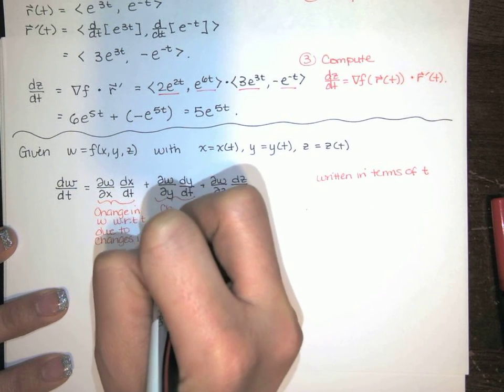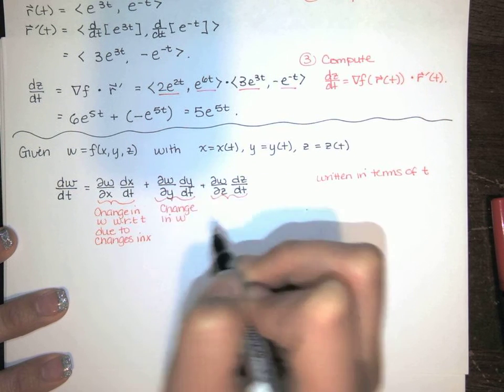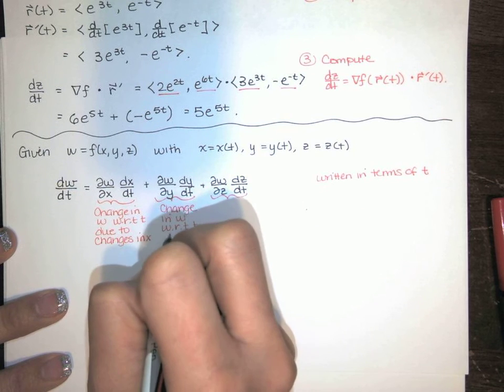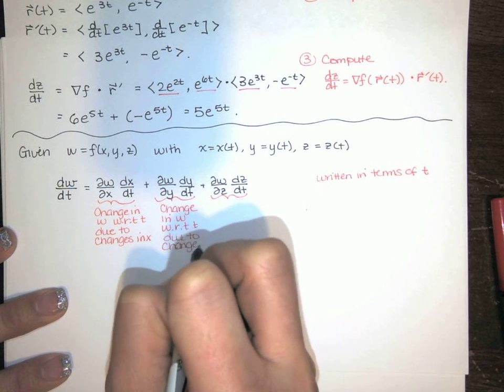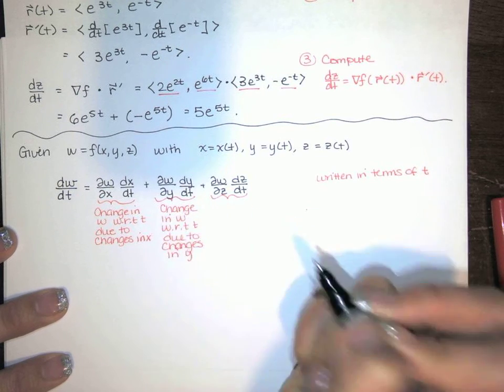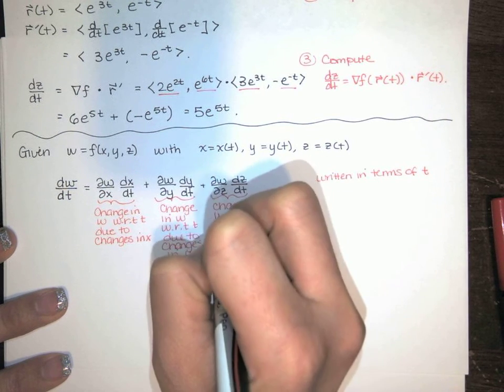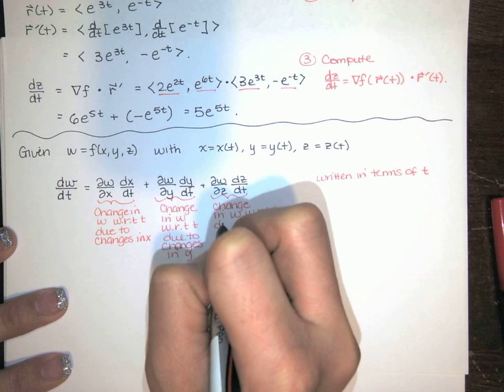And this is the change in w with respect to t due to changes in y. And then this is the change in w with respect to t due to changes in z.